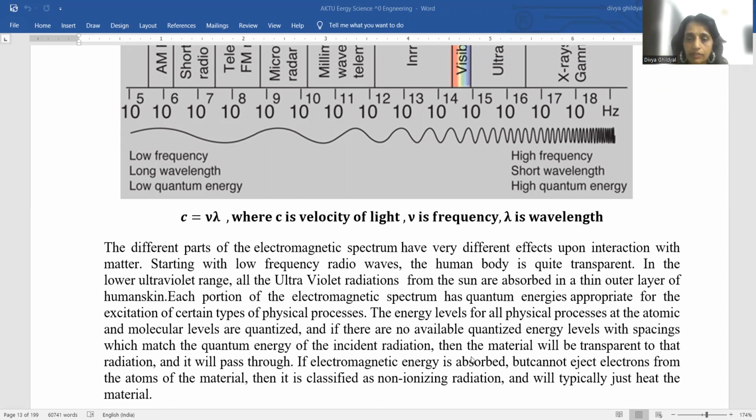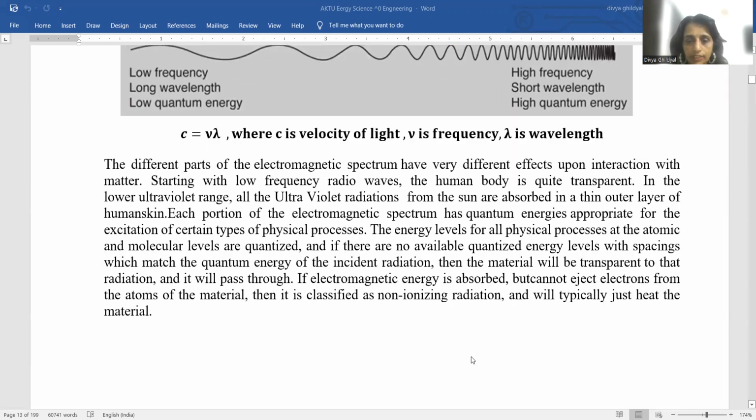The energy levels of all physical processes at the atomic and molecular levels are quantized. This you will right now study in quantum physics, where you remember the formula E is equal to n square h square upon 2 pi, where you remember that the formula for energy existed in quantum multiple, or charge Q is equal to NE. So in the very first unit, the details for this are there.